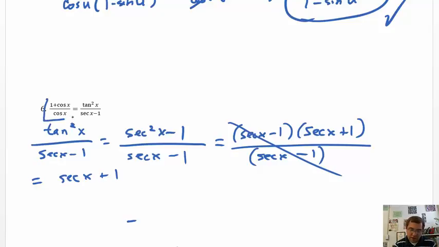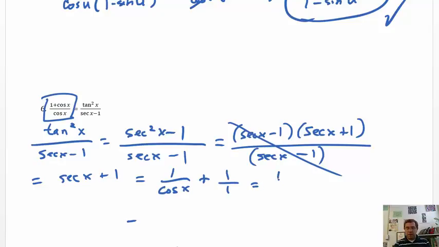What I want is 1 plus cosine of x over cosine of x. I've got secant of x plus 1. So, if I need everything to be cosines, let's rewrite the secant using cosine. And I know the secant is 1 over cosine. Okay? Now I've got two fractions, 1 over cosine of x plus 1 over 1.